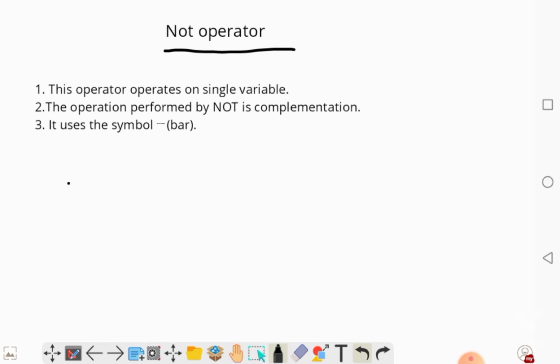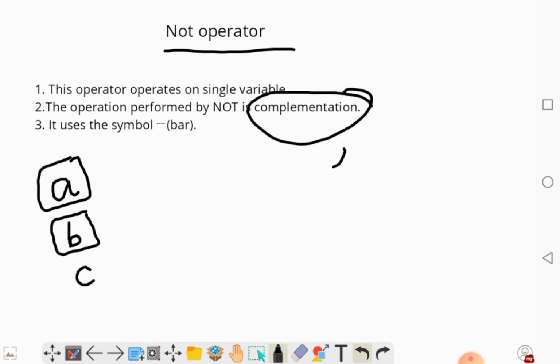If A is a variable, B is a variable, C is a variable, not means it operates only on one variable. The operation performed by not is complementation. The complementation means it is reverse.